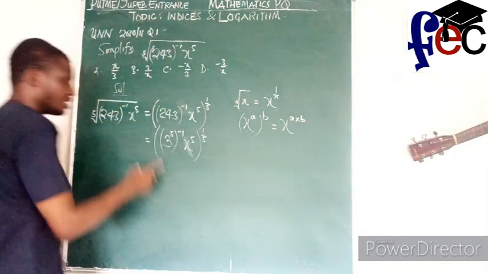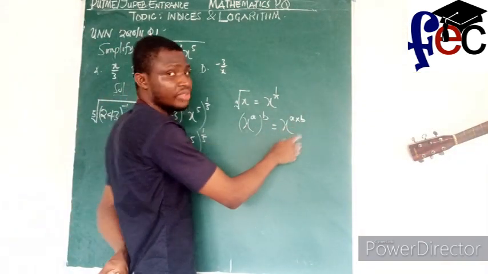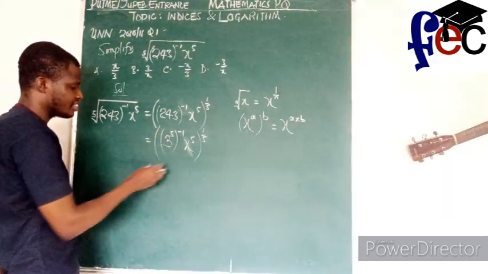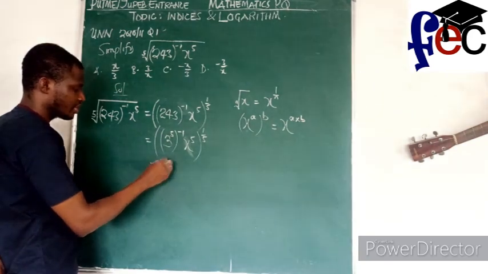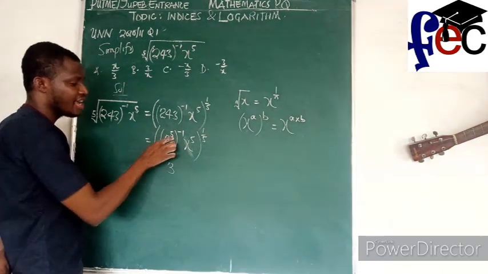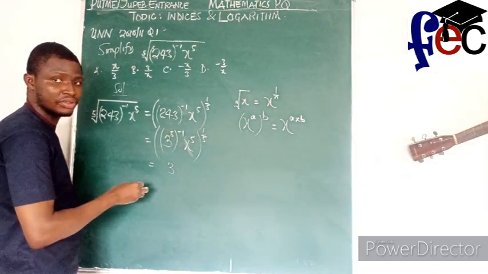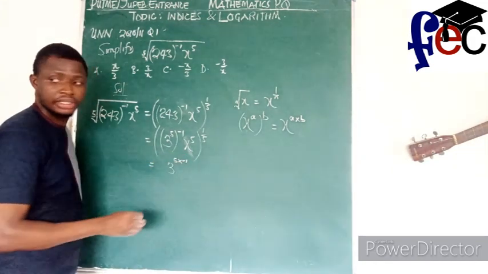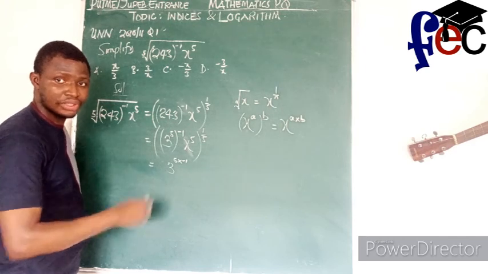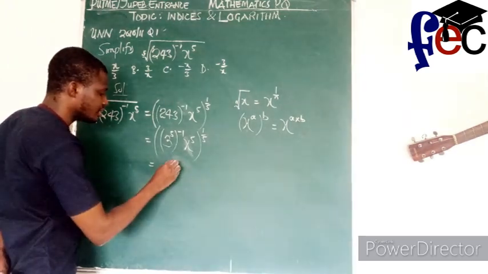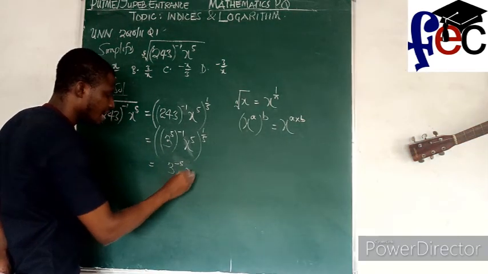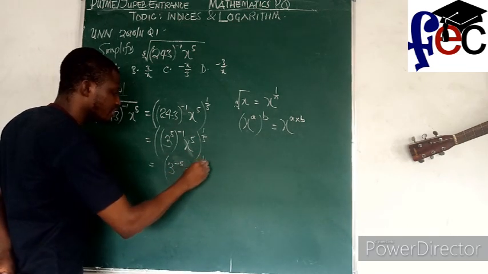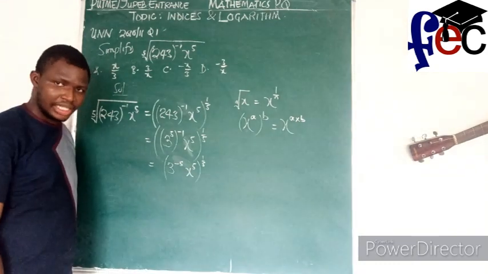So the same way, from here I can write this as 3 raised to power 5 multiplied by minus 1. That's 5 multiplied by minus 1, which is minus 5. So I can write this as 3 raised to power minus 5, then x raised to power 5, everything raised to power 1 over 5. Are you getting it?